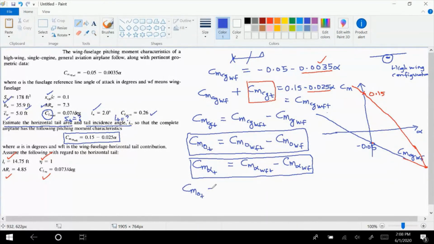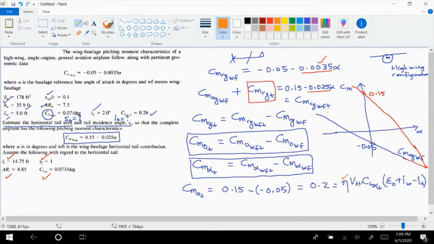Cm0 for the tail is equal to, now the difference is going to be Cm0 wft. Cm0 wft is 0.15 minus Cm0 wf. So that's going to be minus 0.05. This is going to give us 0.2.